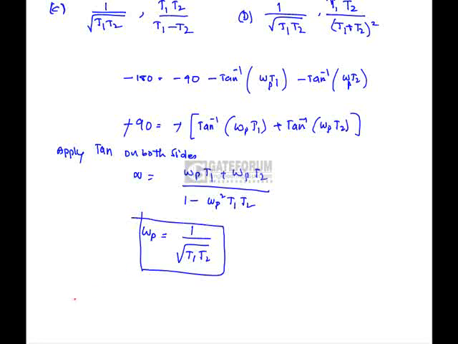Here the gain margin is nothing but the magnitude of G(j omega) at omega equals omega p.